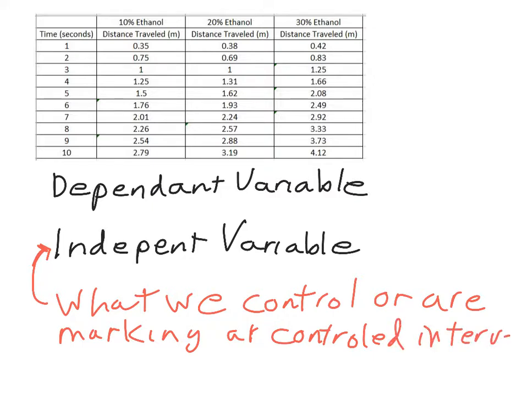We control how often we measure time. We have absolute control over the independent variable, which always, again, sounds contradictory to me. On a graph, the independent variable traditionally goes on the x-axis.